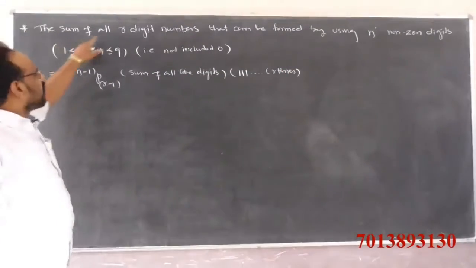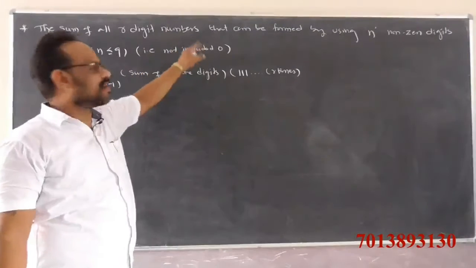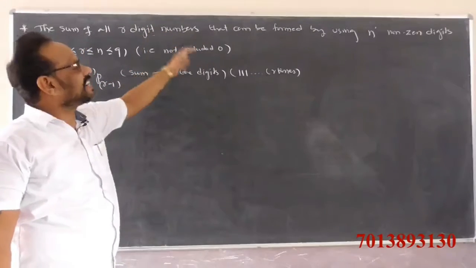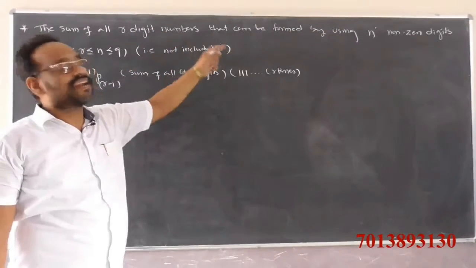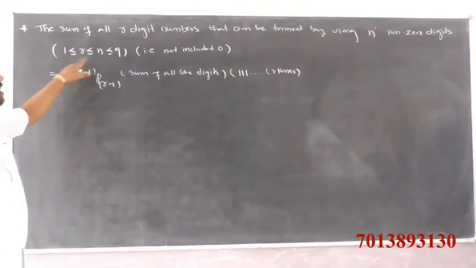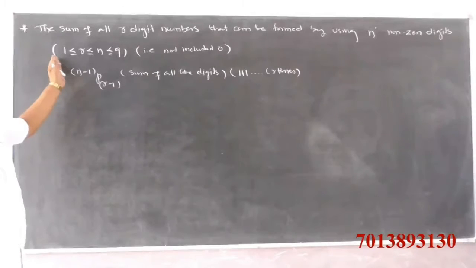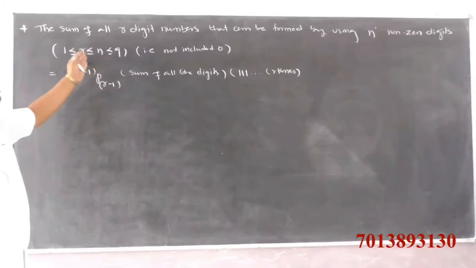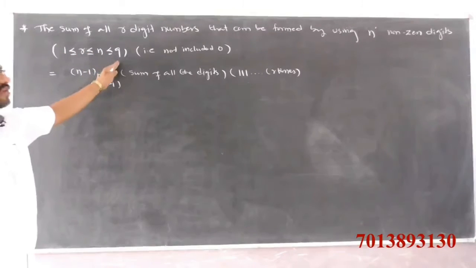So the sum of all r-digit numbers that can be formed by using n non-zero digits, where 1 is less than or equal to r is less than or equal to n is less than or equal to 9.